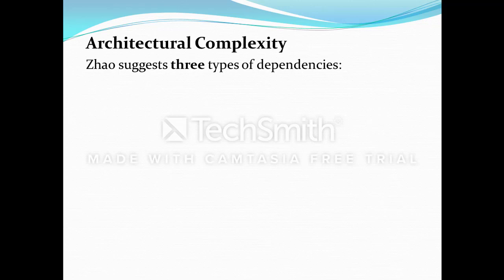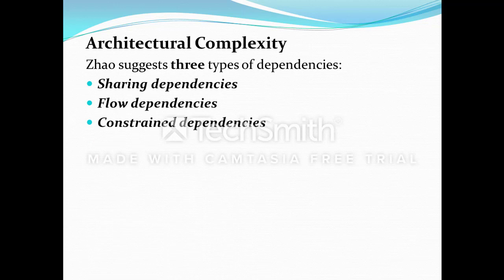This architectural complexity is raised by the dependencies among components. There are 3 types of dependencies: sharing dependencies, flow dependencies, constraint dependencies. Sharing means, for example, taking two consumers or two producers.